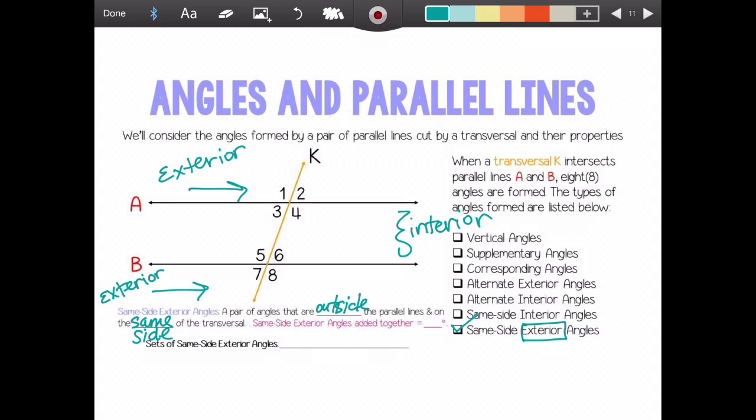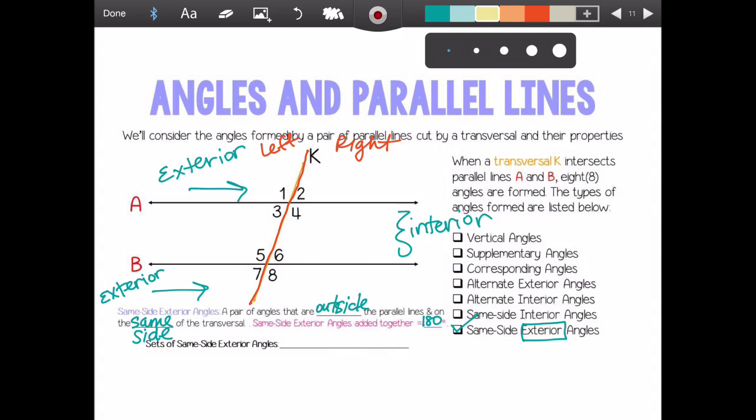They're not in between. Okay, and it says same side exterior angles, again, are going to be added up to 180 degrees. So, and again, we have our transversal that cuts through, and we get a left side and a right side. All right, so again, let's read the definition. A pair of angles that are outside the parallel lines and on the same side.